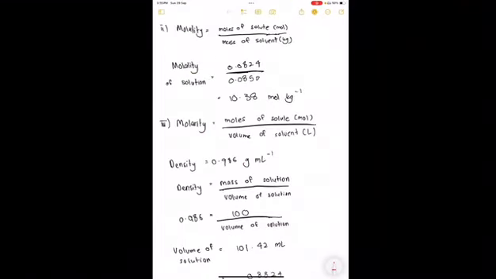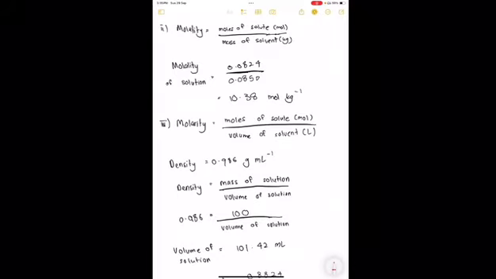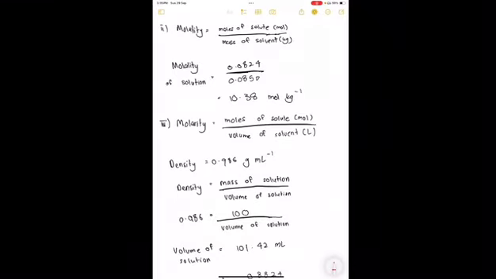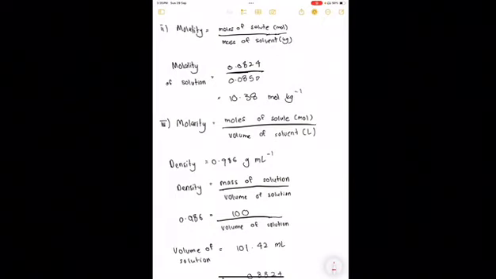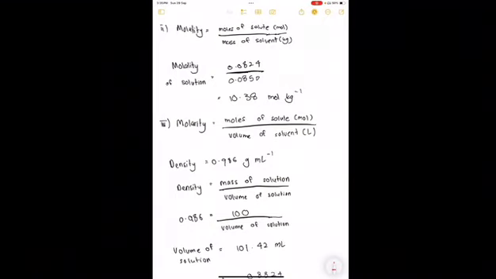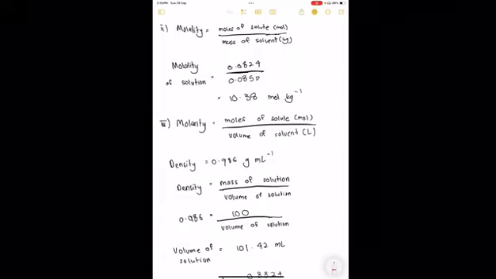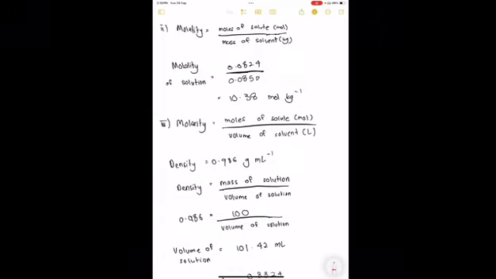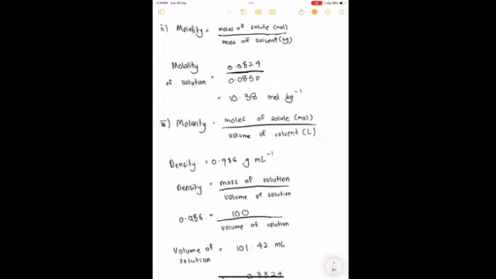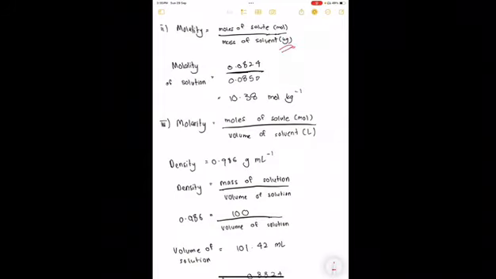Then let's continue to question B2, which is we need to find the molality of the NH3. As we know, the formula for molality is moles of solute divided by mass of solvent. Take note that the mass of solvent needs to be in kg.